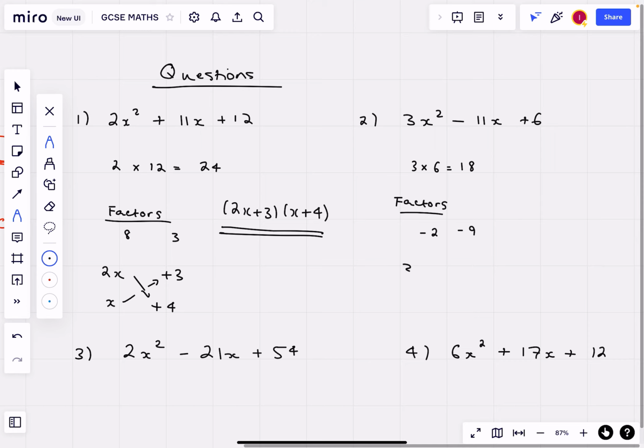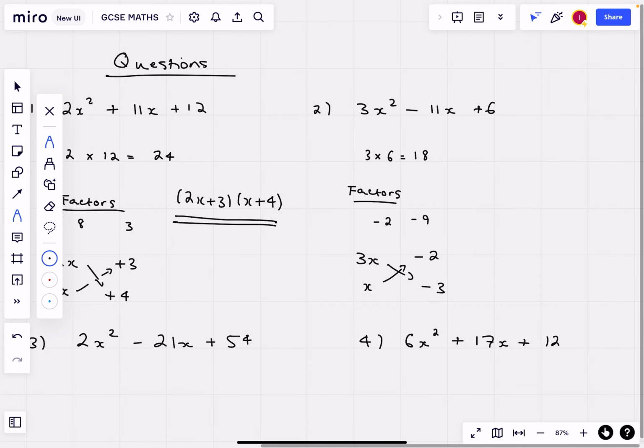I split 3x squared into 3x and x. I divide where possible, and I write the solution opposite to the number I've divided from, shall I say. Minus 9 is divisible by 3, so I get minus 3 because I've done minus 9 divided by 3. We write whatever else is left opposite. There we go. 3x minus 2 and x minus 3.